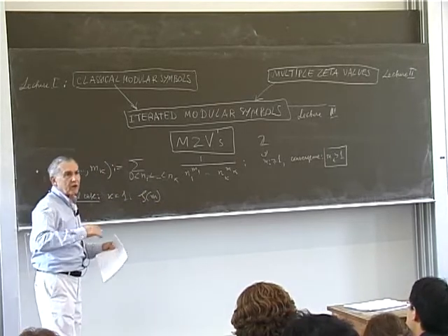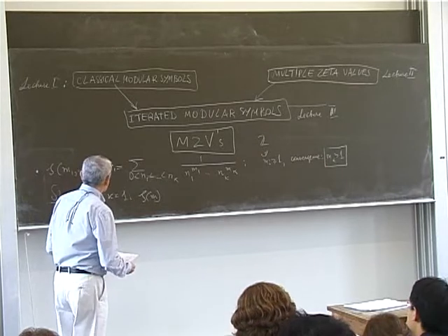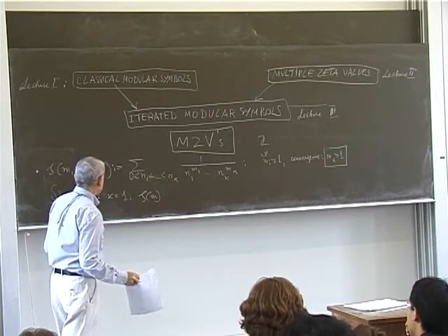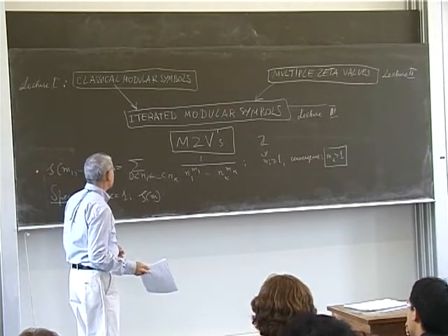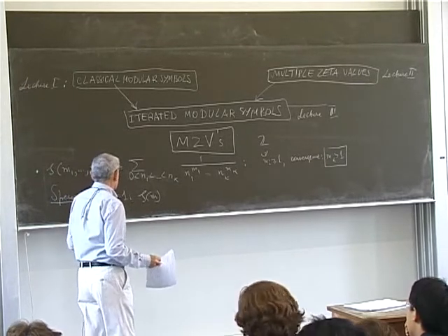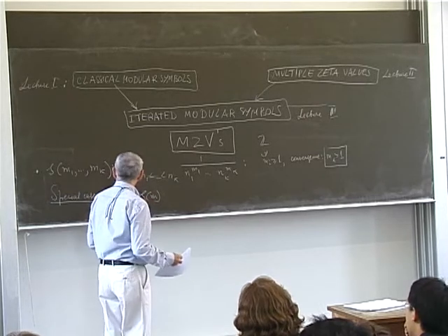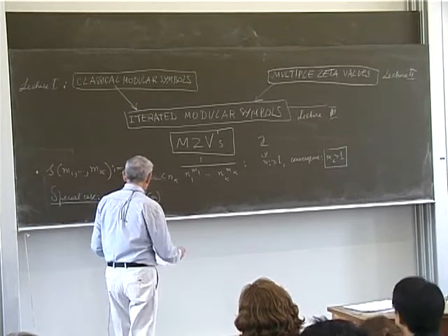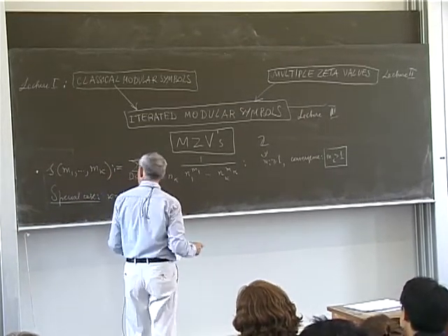And I told you that one of the uses of classical modular symbols is evaluation of certain values of certain L series at certain integral points. So this is, of course, the classical case.